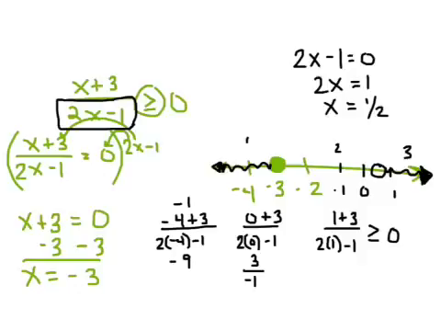So for my final answer, I have negative infinity to negative 3 with a bracket, then a union, parenthesis, 1/2 to infinity. It's important that you set any bottom piece also equal to 0.